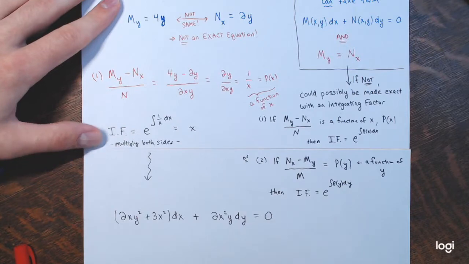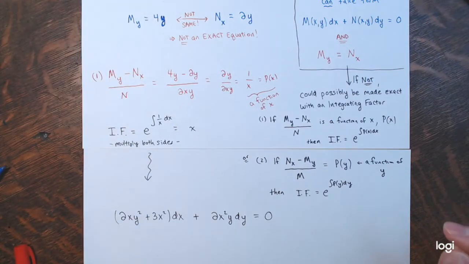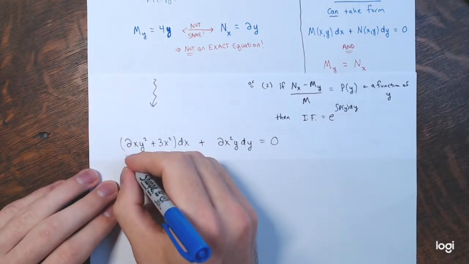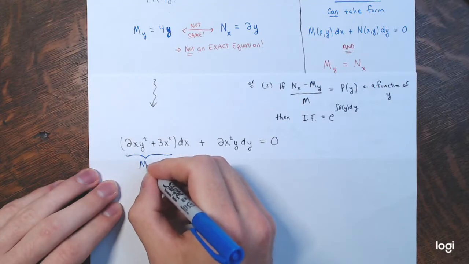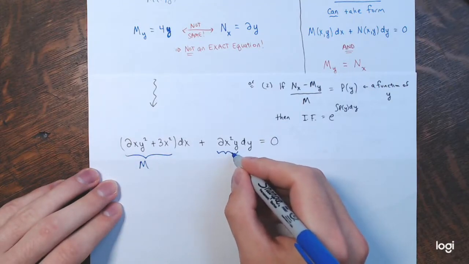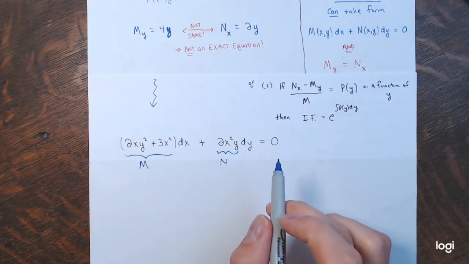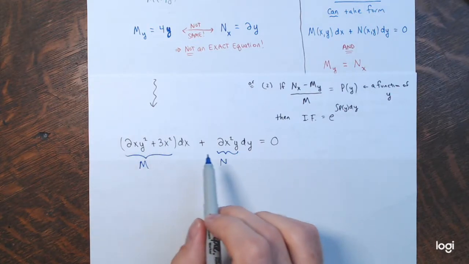And we're going to see now that this is an exact equation. So again, I'm treating this as my function M of x,y, and this 2x squared y is my function N. It's a new M and a new N.